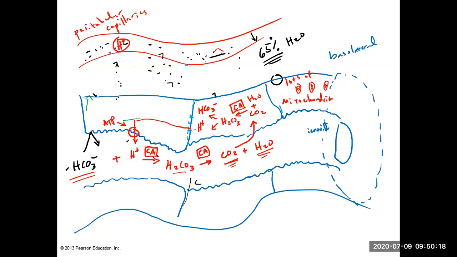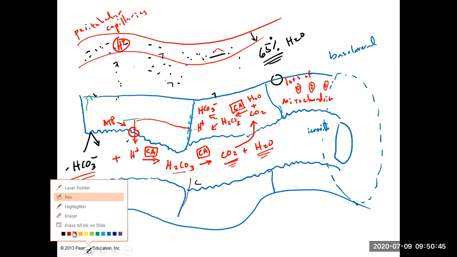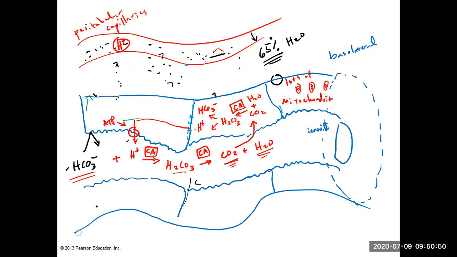In other words, HCO3 enters the peritubular capillaries by the symport and via the antiport of chloride. So what happens in here is kind of like a chloride shift. Now watch. Let me use another color. Let's use this color. I don't know if you can see it.